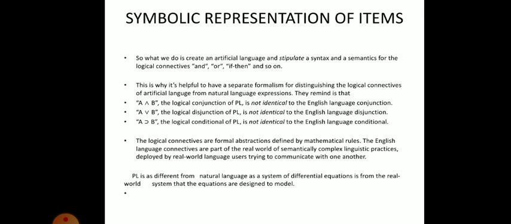Symbolical representation of items. So, what we do is to create an artificial language, or stipulate a syntax or semantics for the logical connectives "and", "or", "if-then", and other connectives.